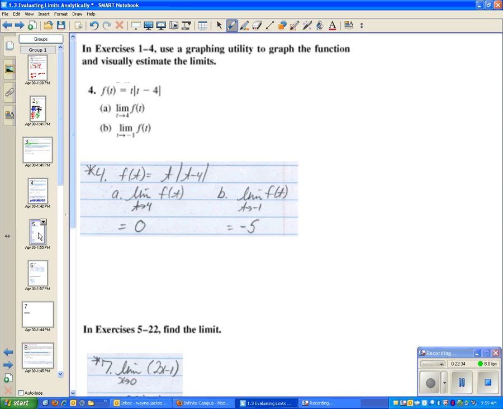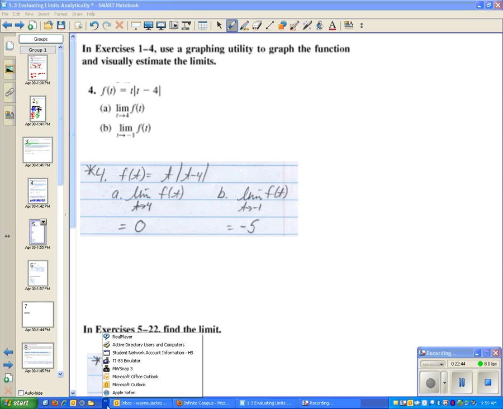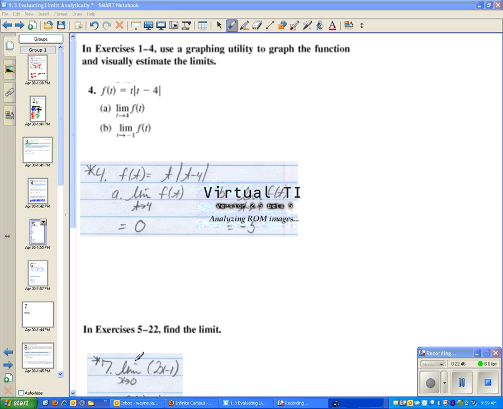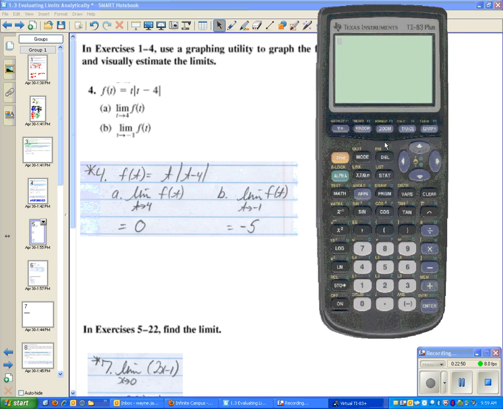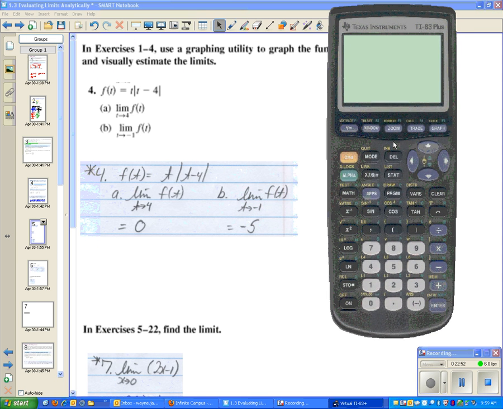All right, on number 4, it says use a graphing utility to graph the function and visually estimate the limits. So we haven't gotten away from that. So I want my y to equal the absolute value of x minus 4. Where do I find absolute value? Math.